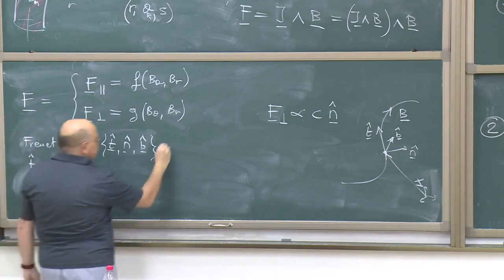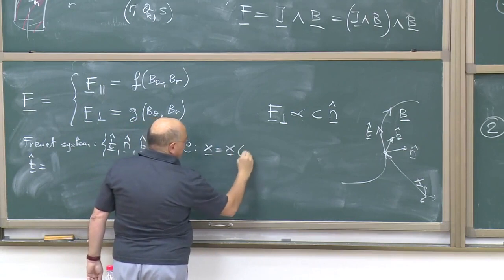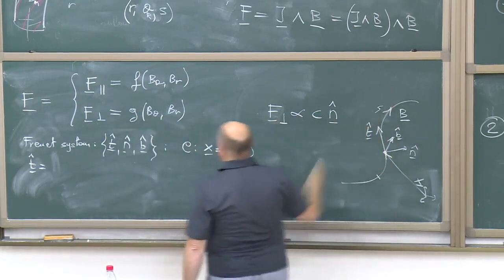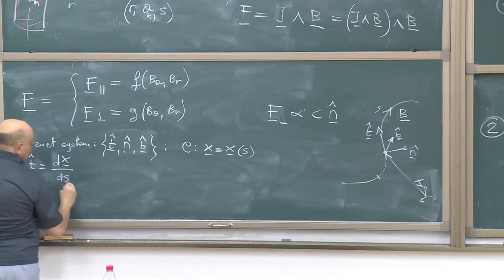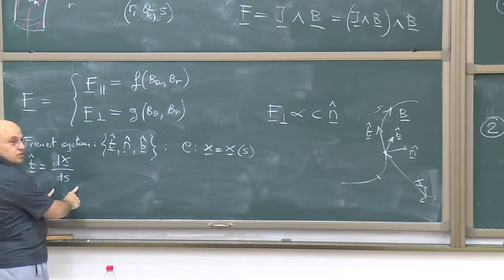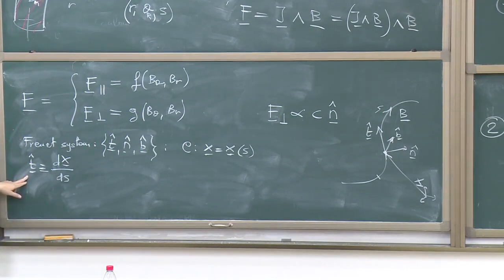I take x, a curve given by x as a function of s only. This is the s coordinate. If s is arc length, this contribution has unit length. So this is the definition of the unit tangent.